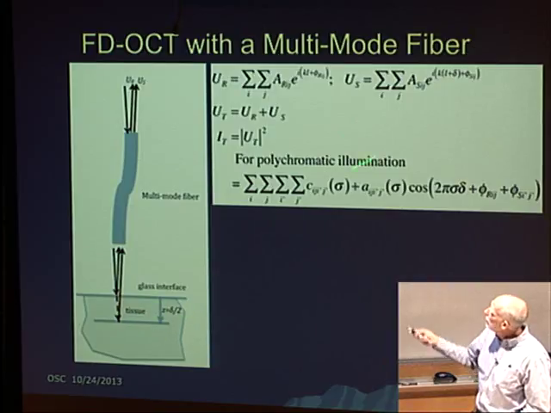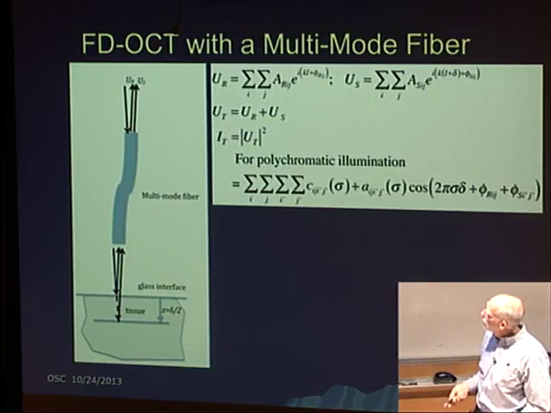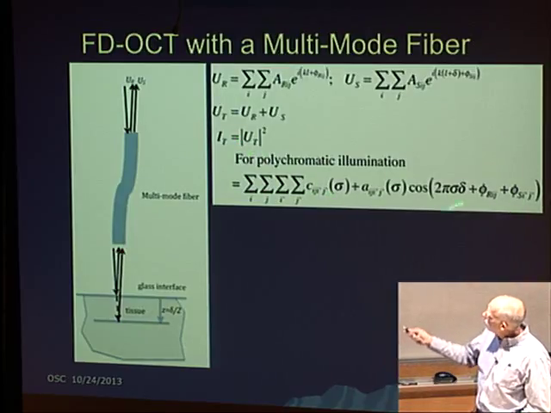That's still the OPD, but the amplitudes, and the key thing is that there are now phase differences between the modes. Each of these phases is indexed by i, j in both the reference and sample. So when you combine the signals and take the square magnitude to look at the intensity, you get the same thing: cosines, some constant, and some amplitude. Those aren't the problems. The problem is the phases.